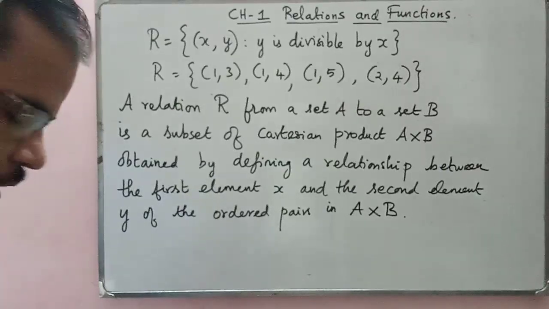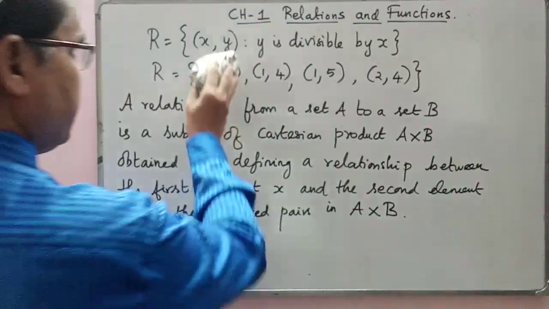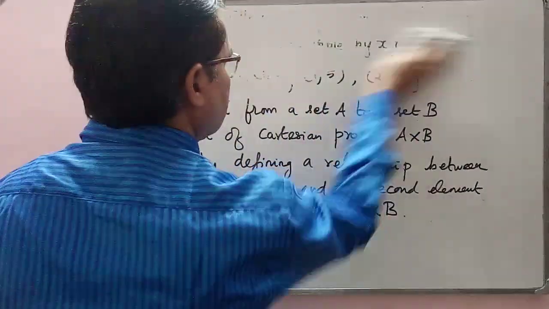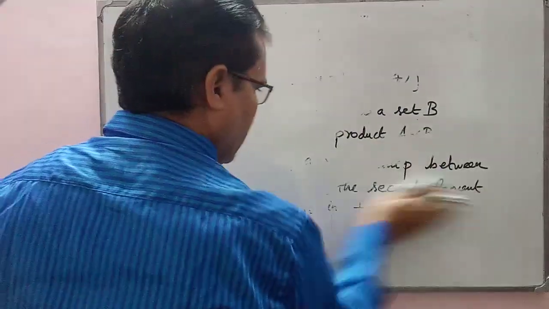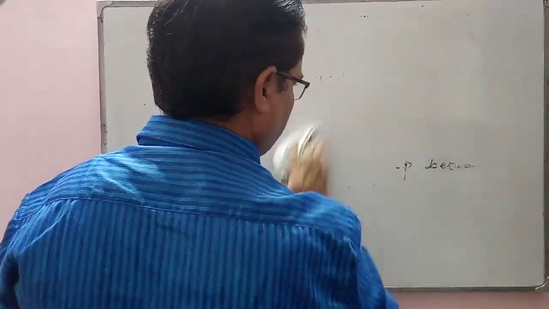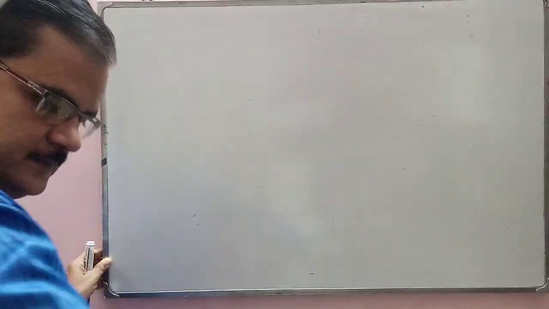Okay, children. Now we'll take another example. I'm erasing it. A set contains elements from 1 to 6. Write down a set A which has elements from 1 to 6.